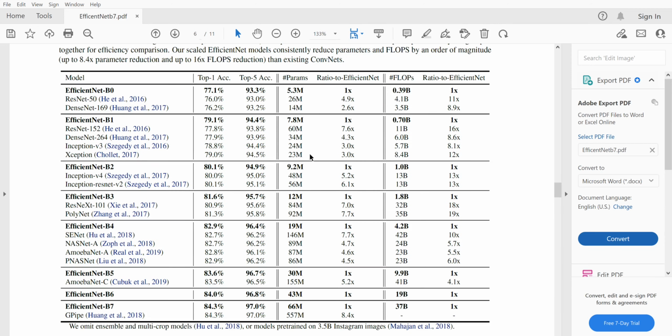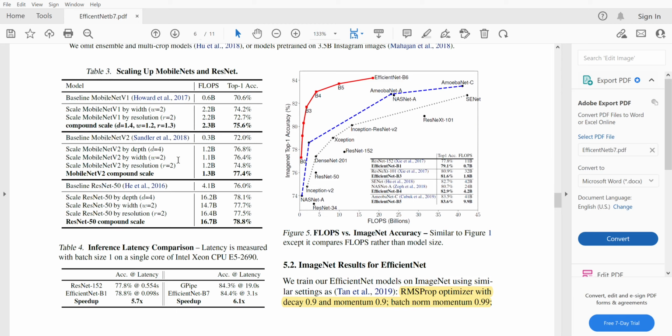In terms of resources, EfficientNets are smaller in parameters, and the accuracy surpasses the other networks.